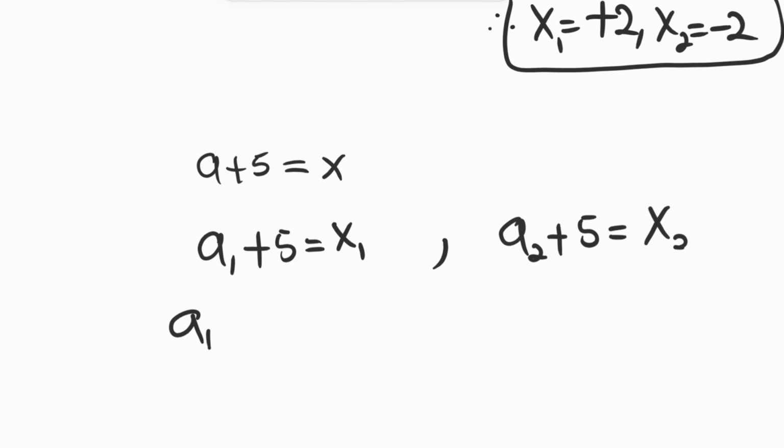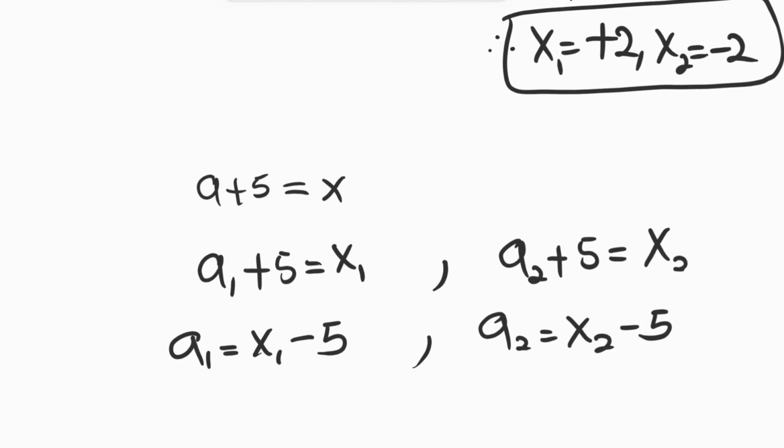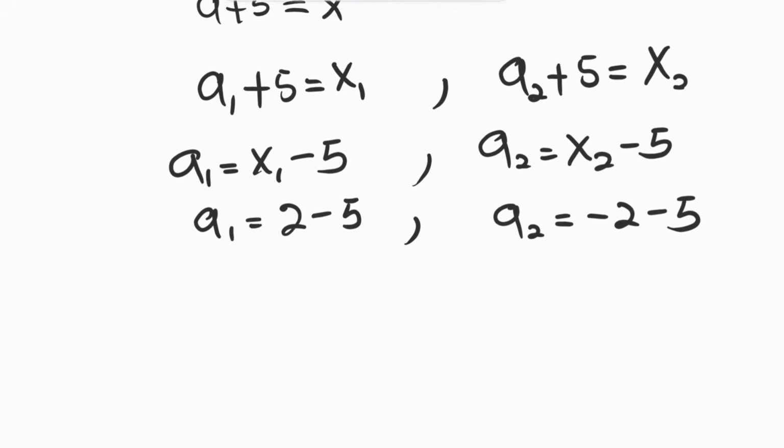Now a1 is equal to x1 minus 5, and a2 is equal to x2 minus 5. So x1 is 2, so a1 equals 2 minus 5, and x2 is minus 2, so a2 equals minus 2 minus 5.